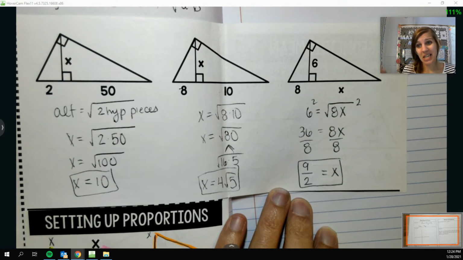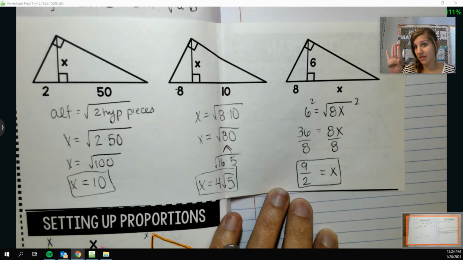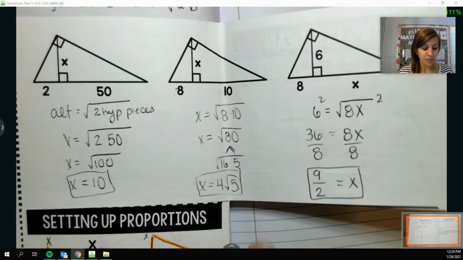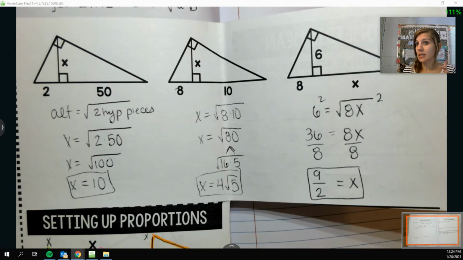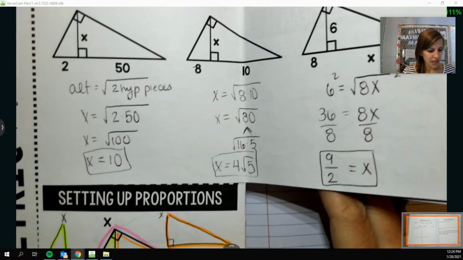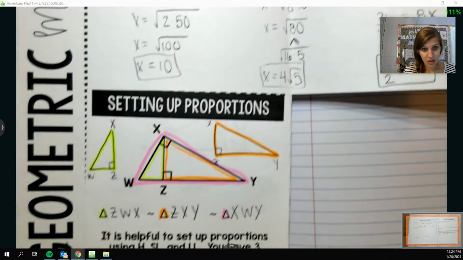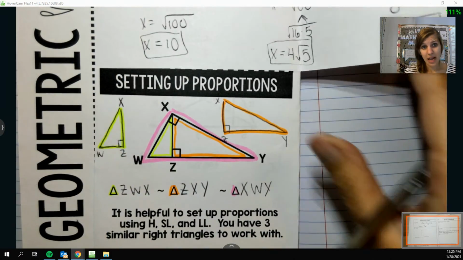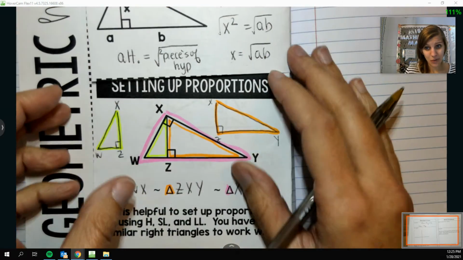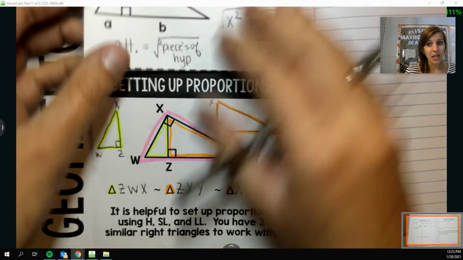Okay, and I just like to go right to the formula rather than remembering all the ratios. I just like to do the geometric mean formula. So if the altitude is labeled, you're going to do altitude equals square root times the two pieces. If the altitude's not labeled, you might want to rely on your proportions, but there is another formula for the legs.